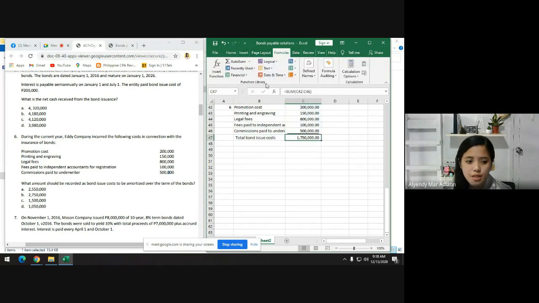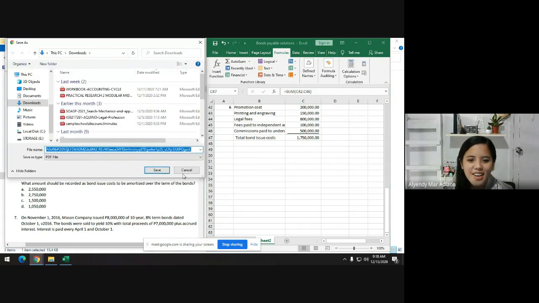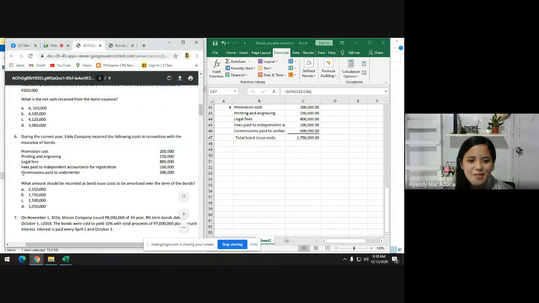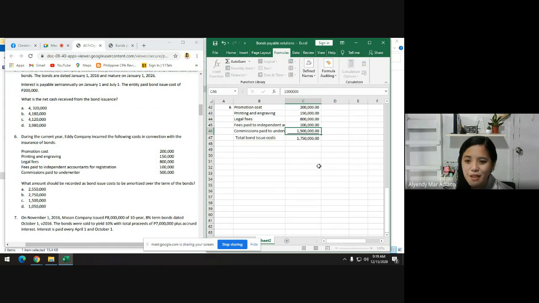is 1,750,000. Okay, namali din ni class. So this commissions paid to underwriters should be 1,500,000. So ato ang i-change, 1,500,000.